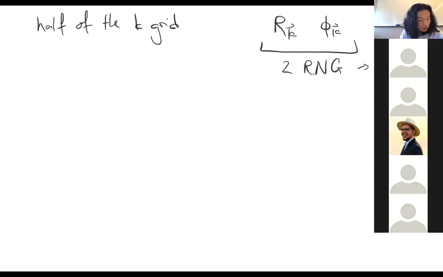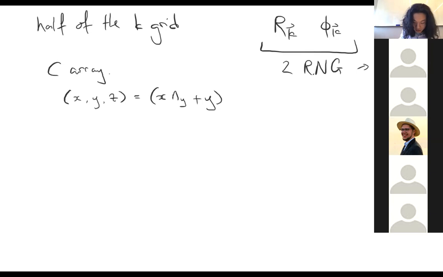So if you want to go into NGenIC and look at how this is handled by FFTW, you need to work with the C array, which is extremely annoying because it's technically a 3D array, but C wants to represent it in 1D. So if you want to access the point X, Y, Z on the 3D K grid, it is given by X times the number of Y grids you have, plus the Y point that you want, times the number of Z grids, plus Z. That gives you the X, Y, Z point in that array.